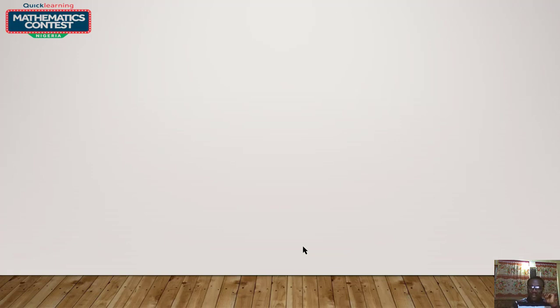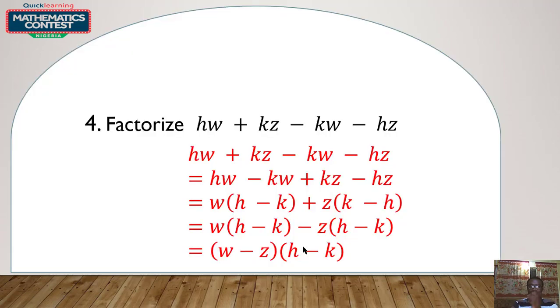Time's up. Okay, now let's see. What is your answer? W minus z into bracket h minus k. I guess the majority may not be able to get this, except if you are smart.